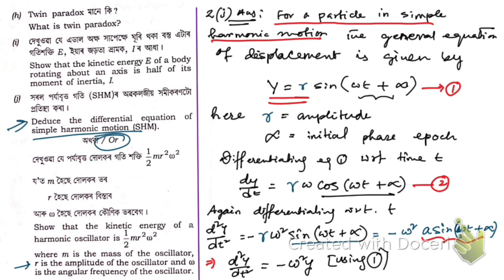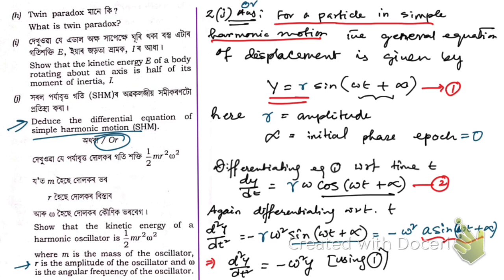Now we are solving 2J, or let us consider that the initial phase is 0. For simplicity, we have taken the initial phase to be 0. In that case, this equation number 1 becomes y is equal to R sine omega t.